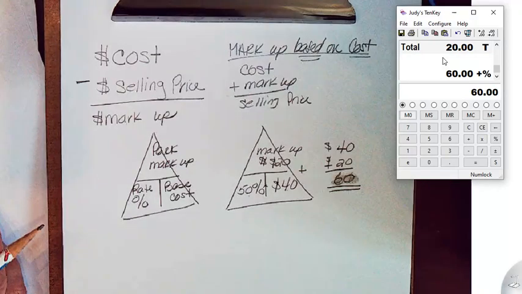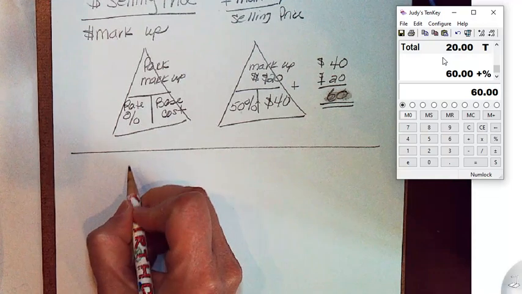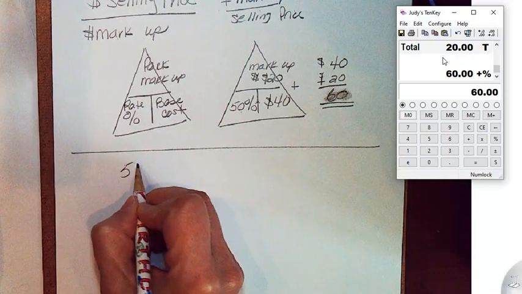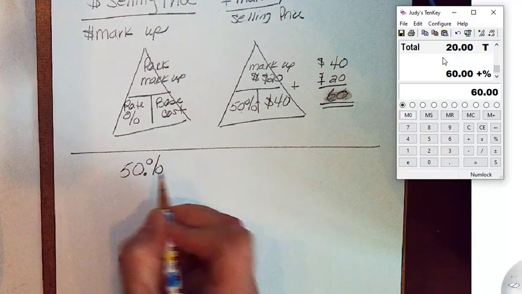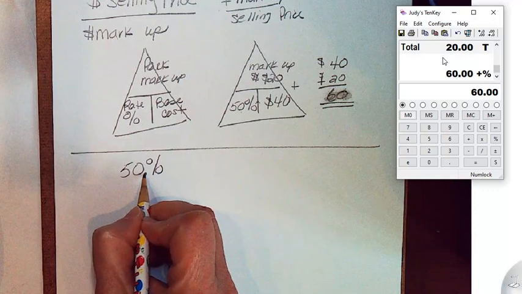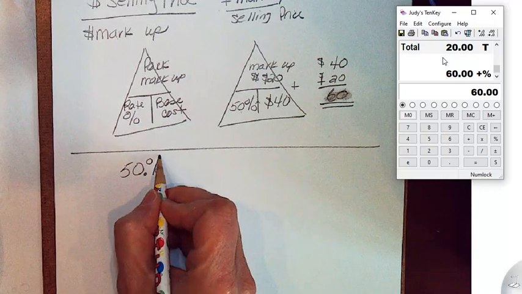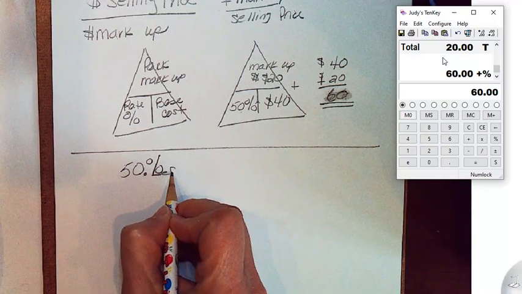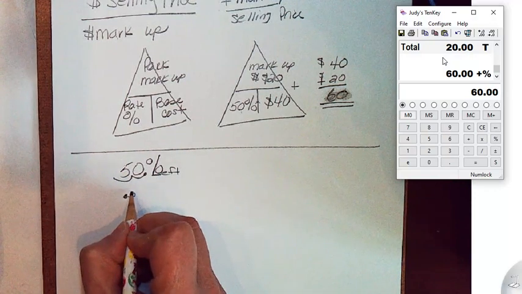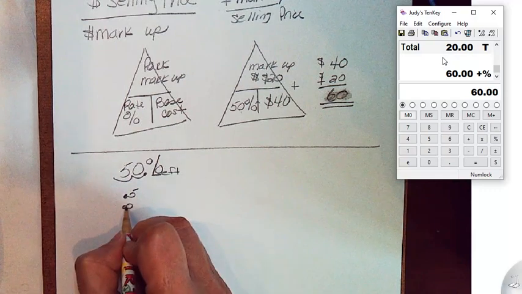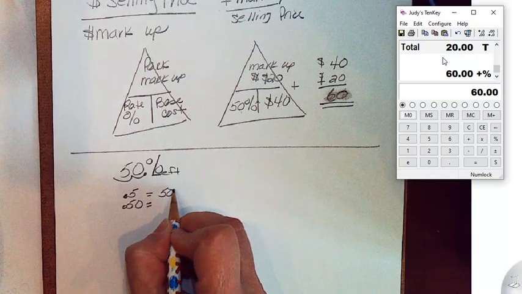Now, what if I don't want to use P? Anytime you have a percent, there's a whole number, and after the whole number there's a decimal. We don't have any places past the decimal here. To convert a percent to a decimal, you move the decimal to the left two places, 1, 2. So 0.5 or 0.50, if that helps your brain, is the same as 50%.